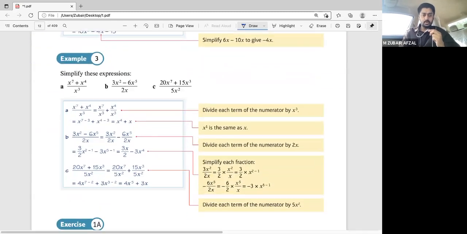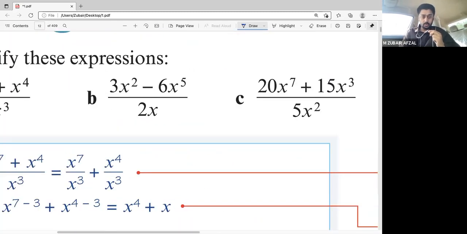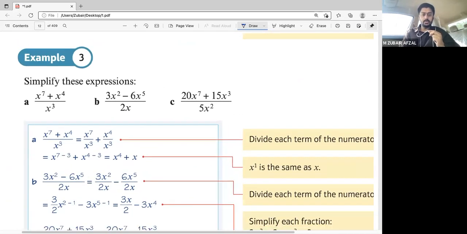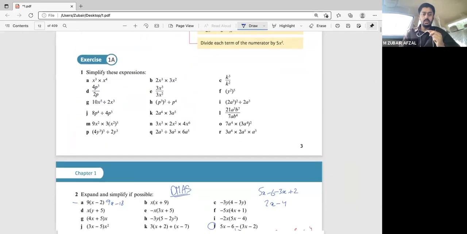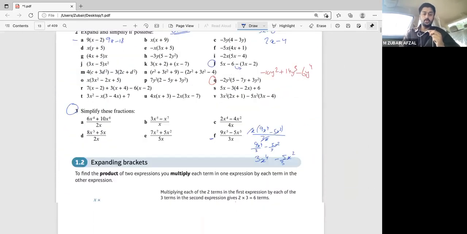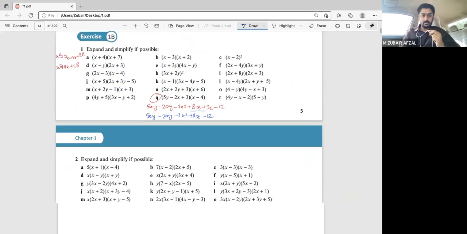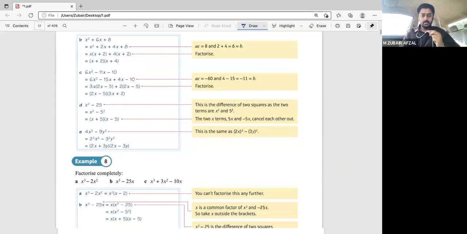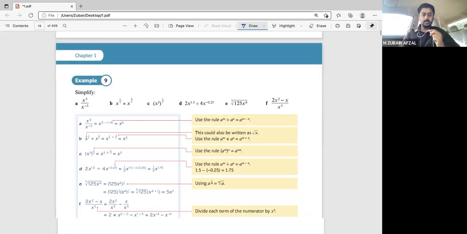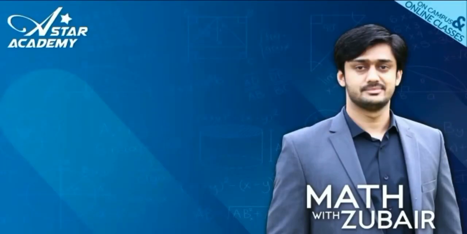Look at this question and see if you remember how to solve this. If not, please practice even the solved questions. This is from your O levels, and this is very much the thing which we've just used. And coming down here, we did surds yesterday. This is indices, negative indices.